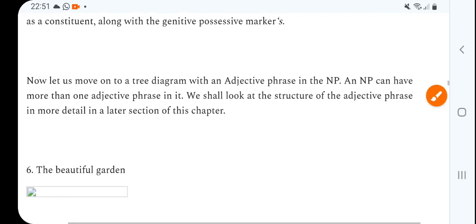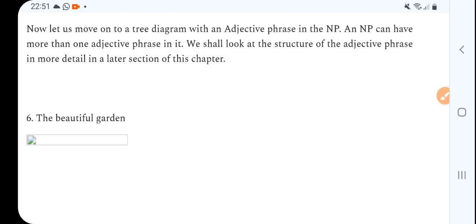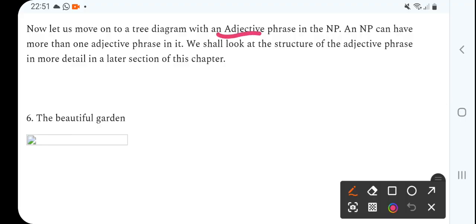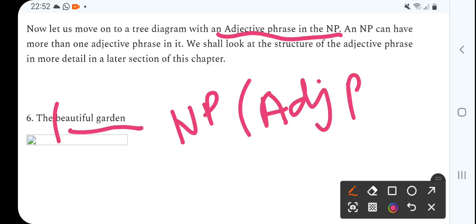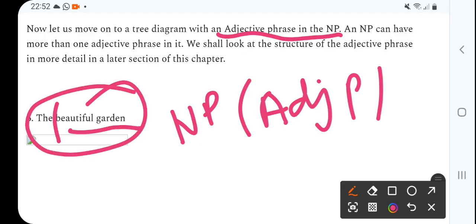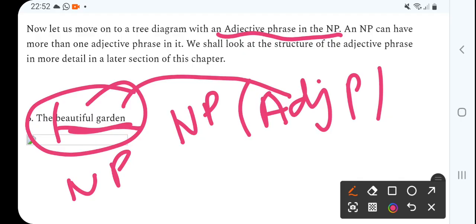But let us move on. Now let us move to the tree diagram with an adjective phrase in the noun phrase. That is also important. Here "the beautiful garden" is the noun phrase as a whole, but within it "beautiful garden" contains an adjective phrase.